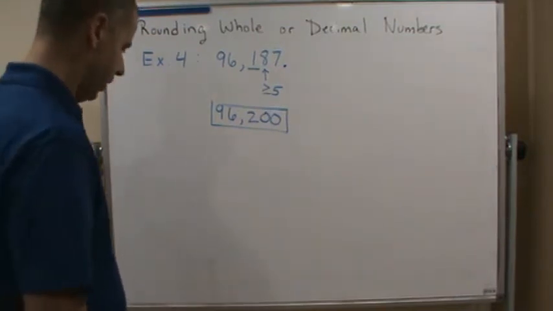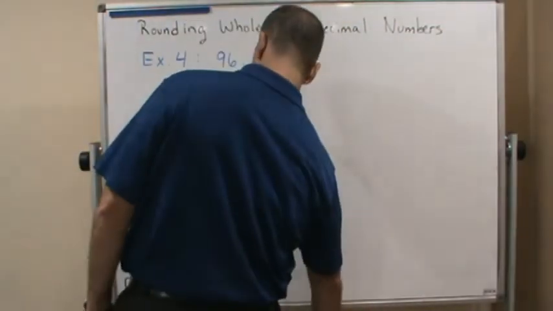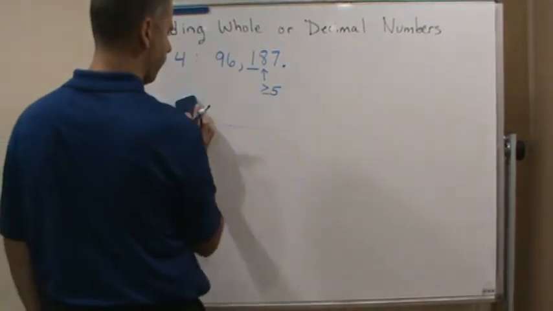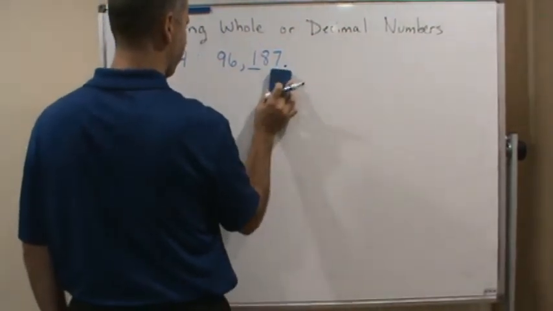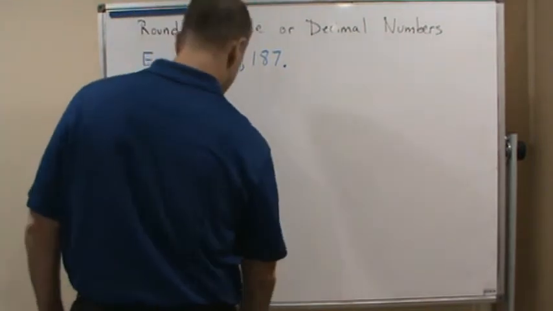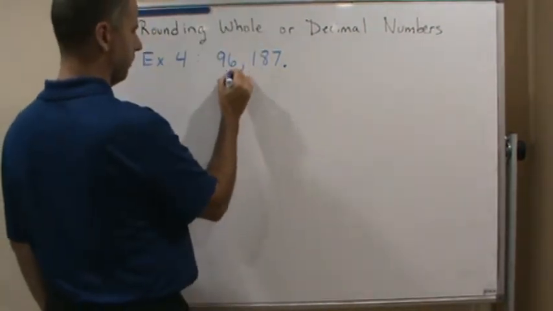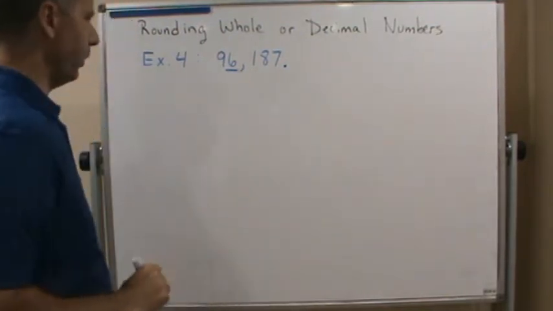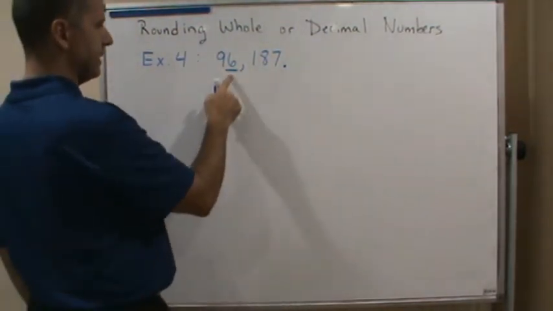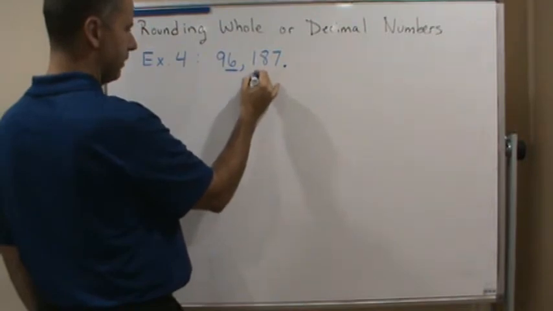Okay, now let's do the thousands. So now we want to round to the nearest 1,000. Again, we're going to look at the digit immediately to the right.